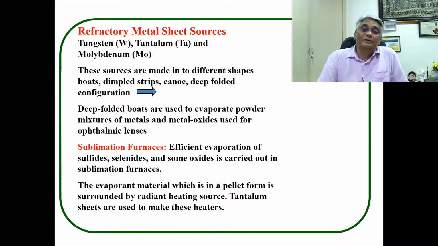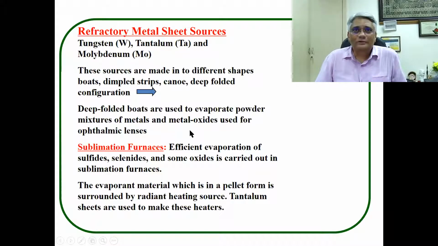This is another issue of concern in thermal evaporation. So these sources are made into different shapes, boats. As I told you, I'll show you the picture of how many different sizes and shapes you can make these refractory metals into.